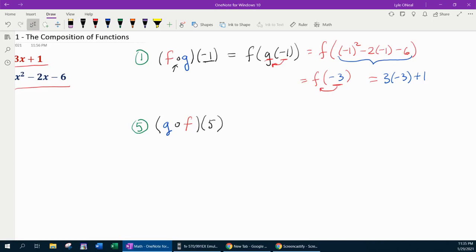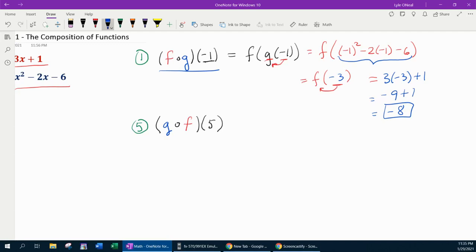And then I need to work that out. 3 times negative 3, negative 9 plus 1 is negative 8. Isn't that great? That's the answer for the original problem of f circle g of negative 1.